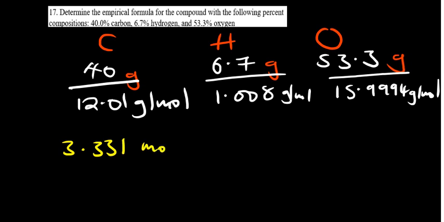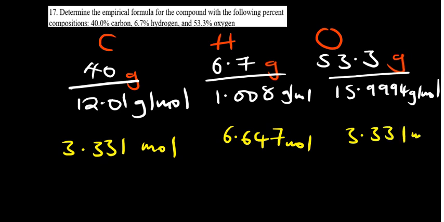Then for the other one, 6.7 divided by 1.008, I'm getting 6.647 moles. Then for oxygen, 53.3 divided by 15.9994, I'm getting 3.331 moles. So the basic idea is to divide by the least number of moles.